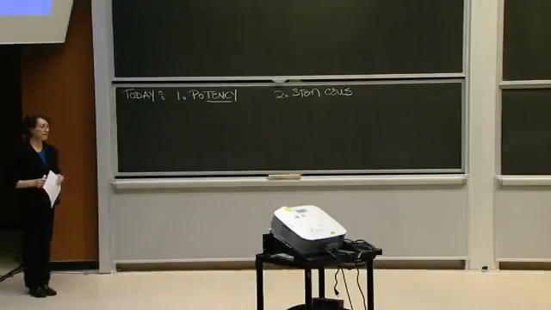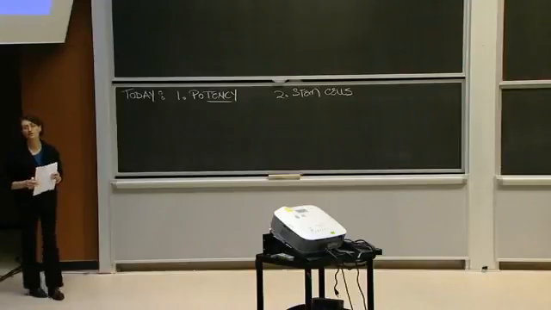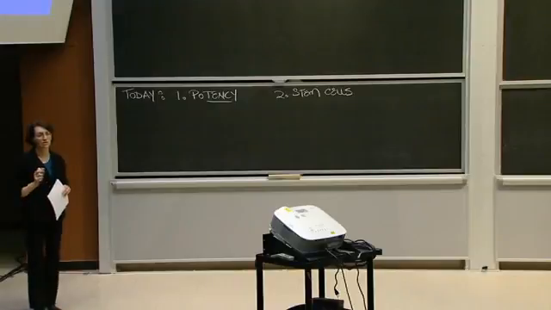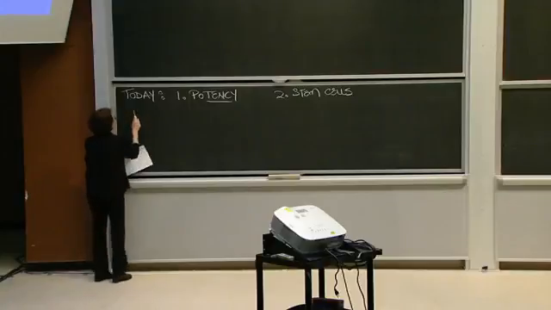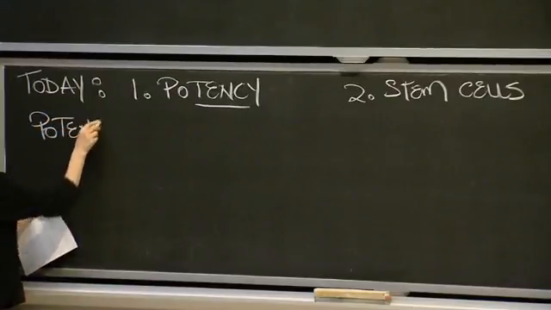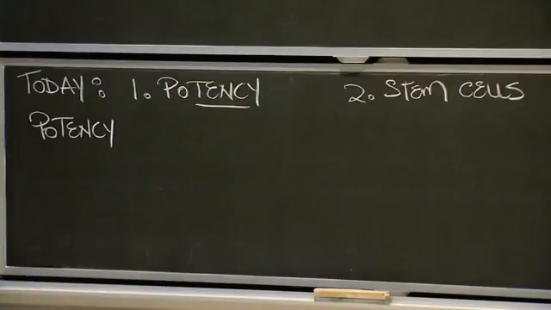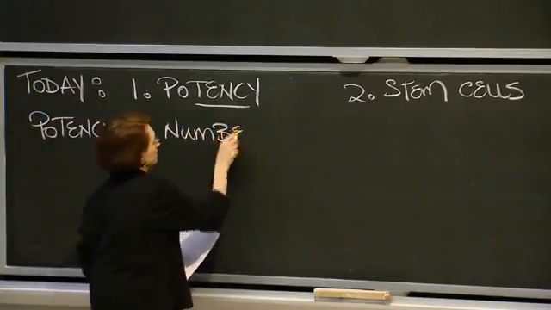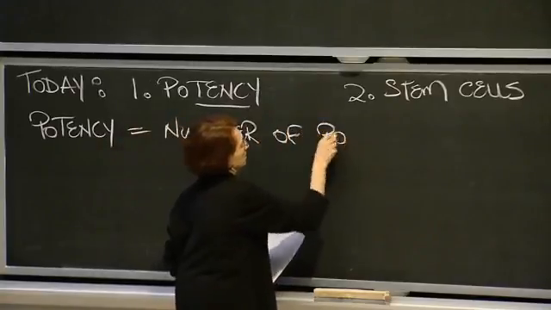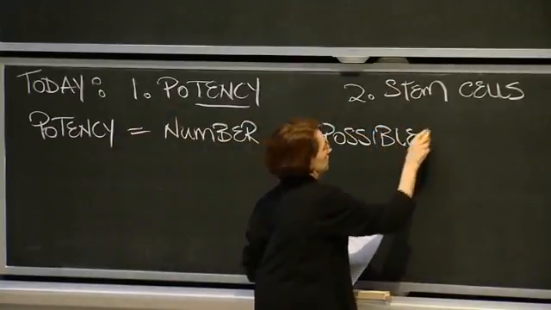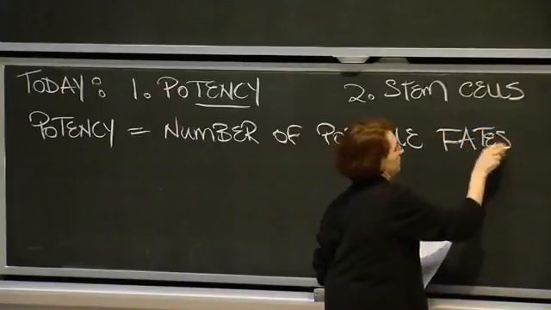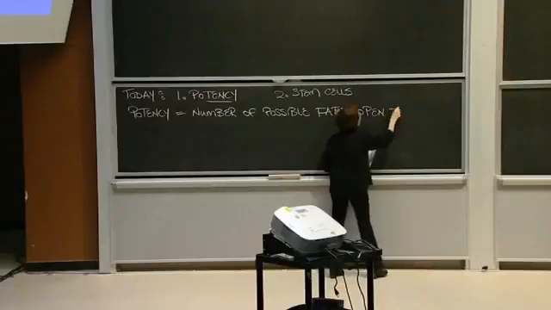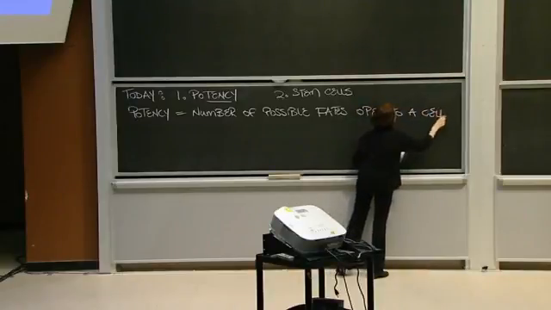Potency, along with fate, determination, and differentiation, is one of those terms that you need to know and understand in order to understand stem cells. Potency refers to the number of possible fates that a cell can acquire, the number of possible fates open to a cell.